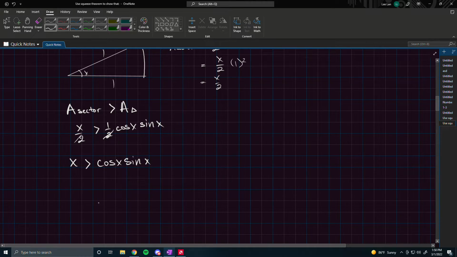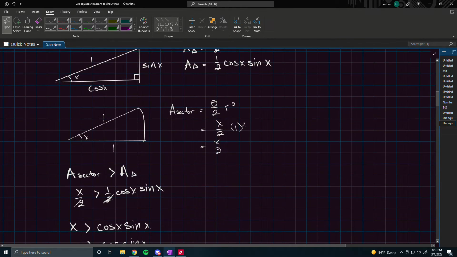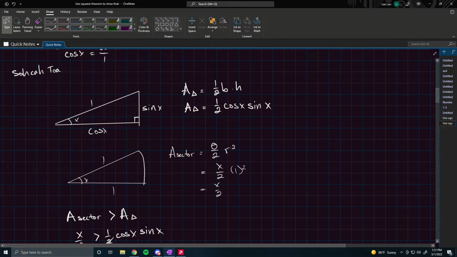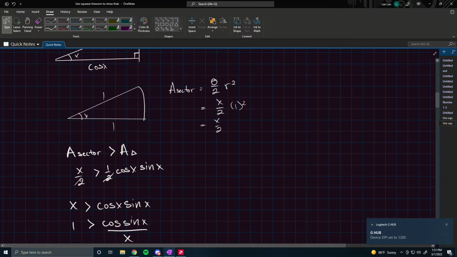I can divide both sides by x, giving cosine x sine x over x. The reason why I can divide by x in this case is because x is an angle, and we know that the angle is positive.